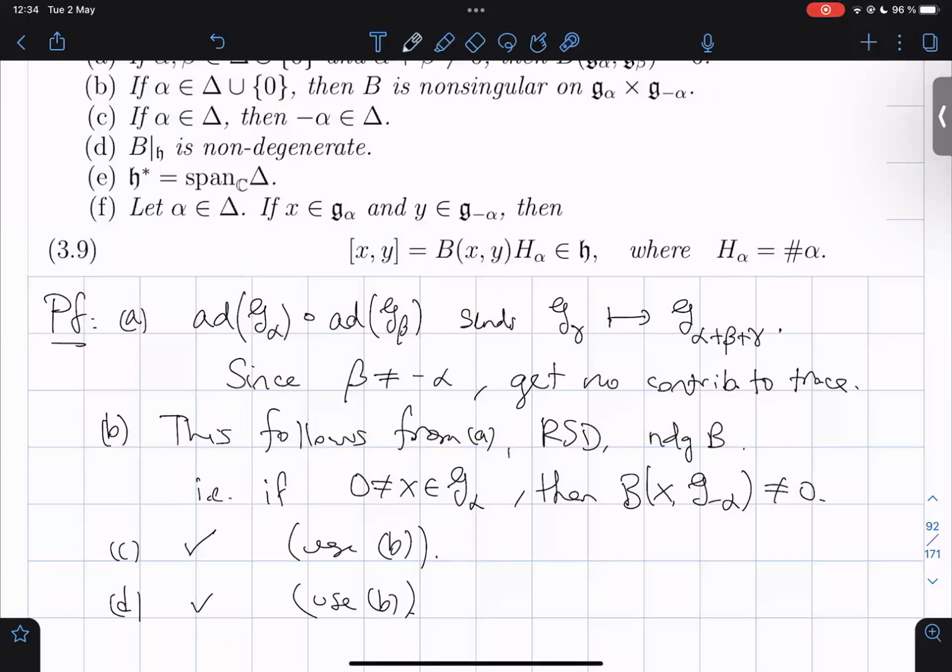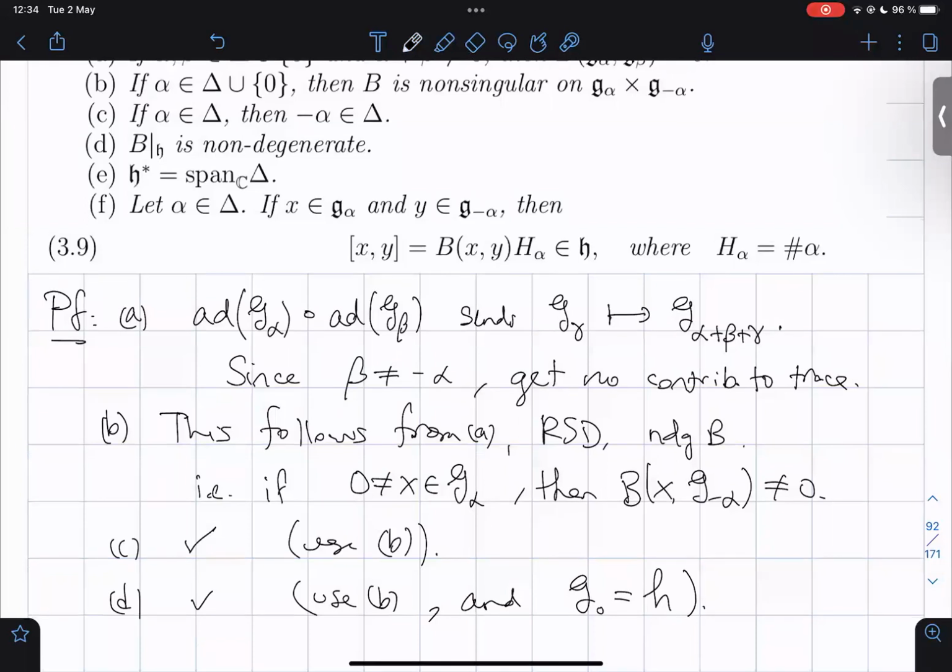Use B and G0 is H. So, a direct consequence of B.